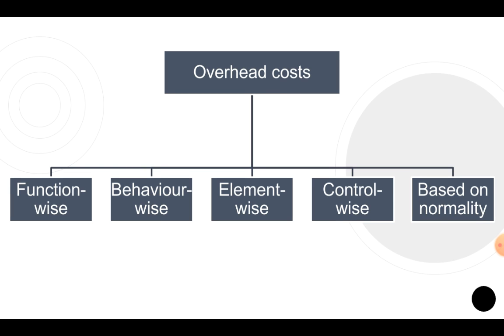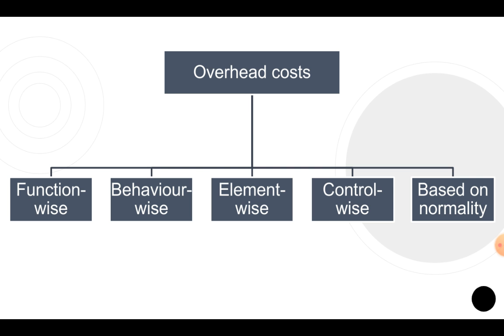Okay, and then you have classification of overheads based on normality. So according to this, the overheads will be classified under two heads: normal overheads and abnormal overheads. So normal overheads are those which are incurred in achieving expected level of output. So they are basically expenses which are relating to production and they are unavoidable. So these costs basically form a part of production costs, whereas abnormal overhead costs are those which are not expected, which arise out of nowhere.